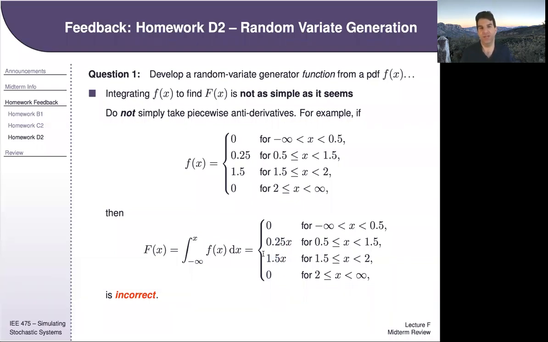The other thing people forget to do is when you take the integral of this density here, you have to take that integral with limits that start wherever we say that range starts. So you don't just take the antiderivative, 1.5x. You have to think, oh no, this is 1.5x minus 1.5 times 1.5, because that's where this range starts.